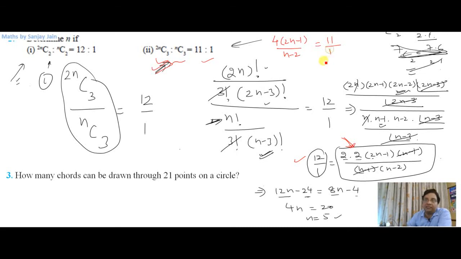So let me see the result now. I'll cross multiply. I'll have 8n minus 4 equals 11n minus 22. So 11n minus 8n will give me 3n, and 22 minus 4 will give me 18. Now n will be equal to 6. So for the second part, n is equal to 6. For the first part, it was 5.